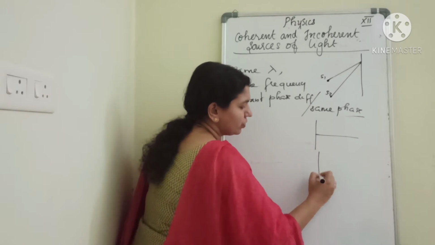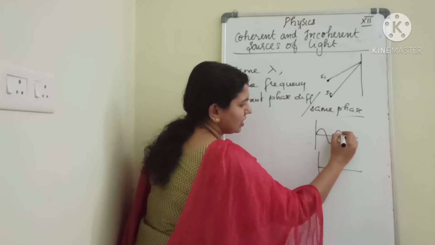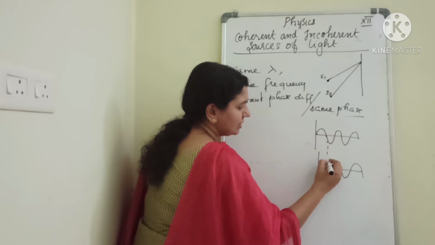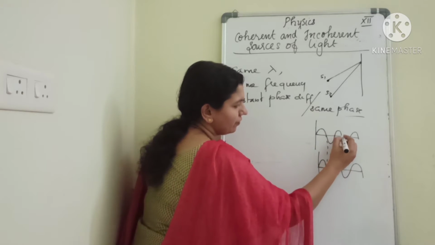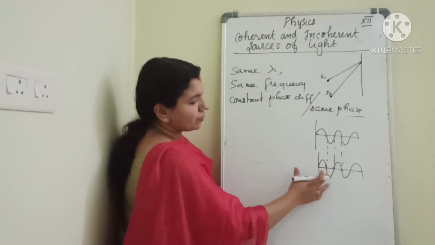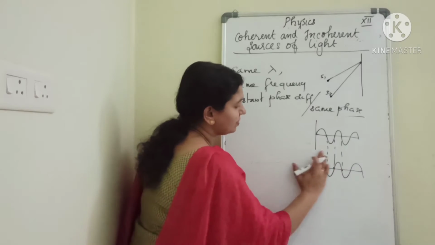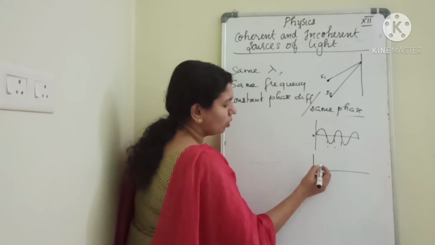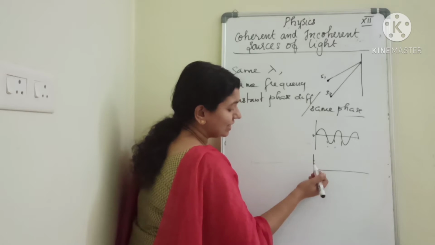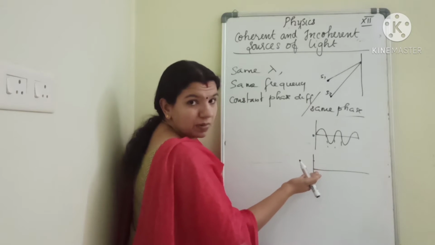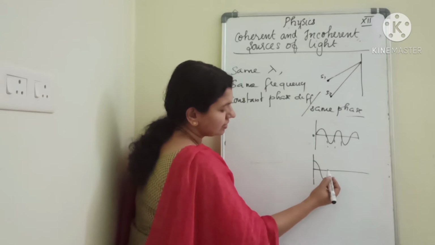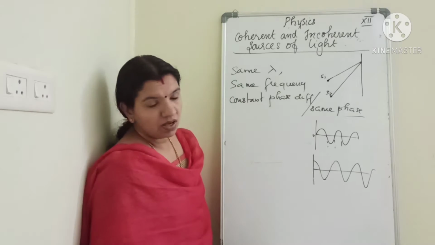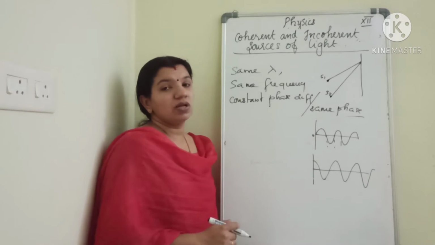If I am considering these two waves, and the first wave starts from here and the second wave also starts from the same point, at each point I can see that it is in constant phase. Clear? So this is of constant phase, but what does different phase mean? If the first starts from 0, but the second wave starts from here, that is, it is ahead by 90 degrees, I will get it like this, isn't it? So there is always a phase difference between these two waves.